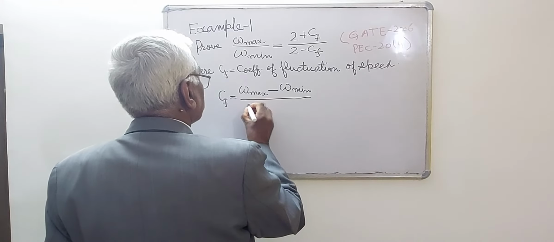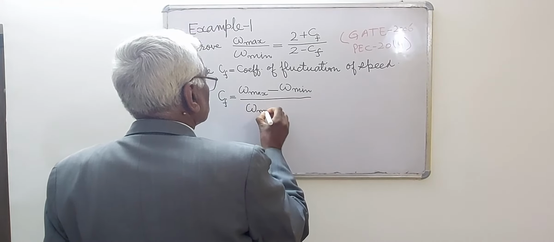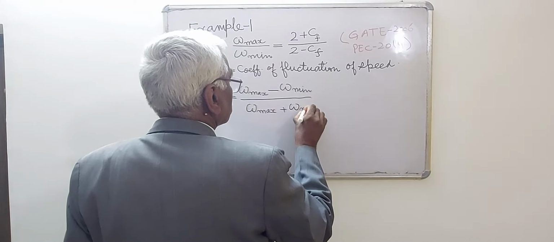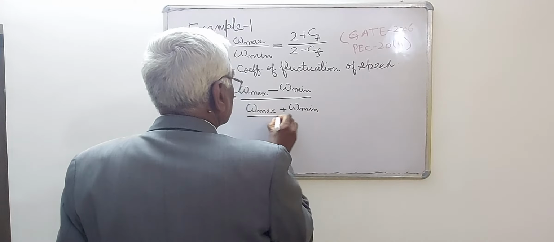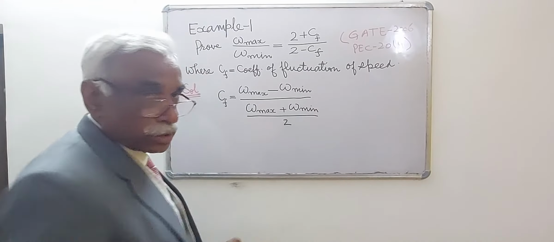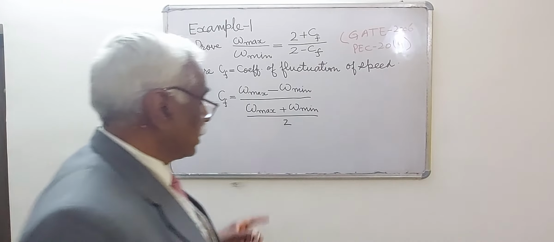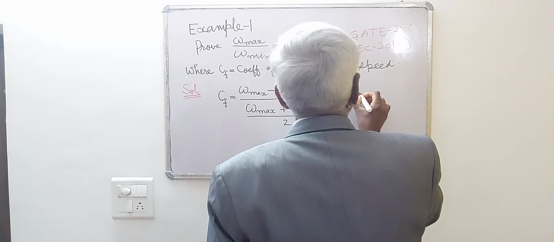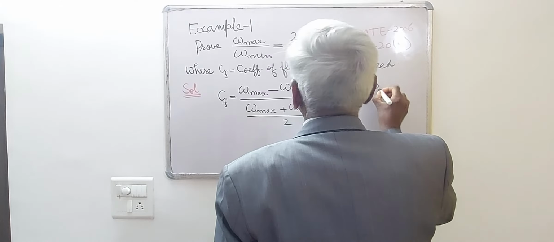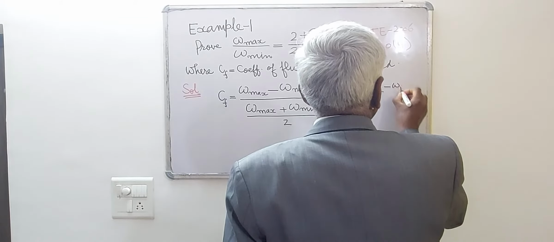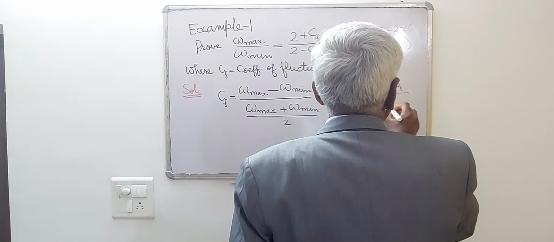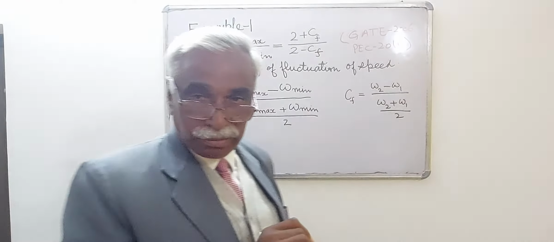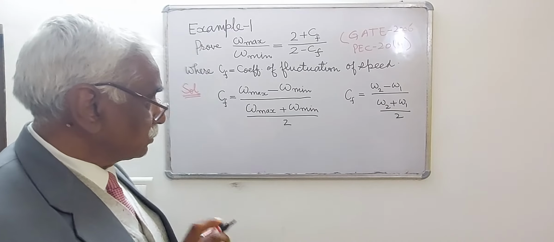That is, average means omega max plus omega minimum divided by 2. In the earlier class, I wrote it like this: CF is given as omega 2 minus omega 1 divided by omega 2 plus omega 1 by 2.